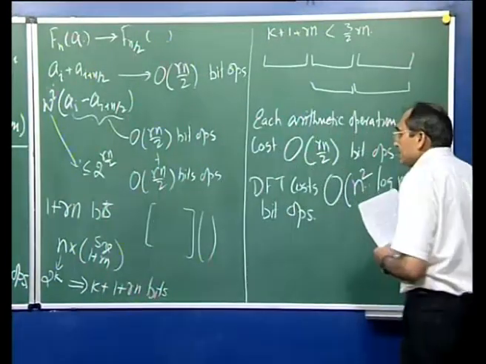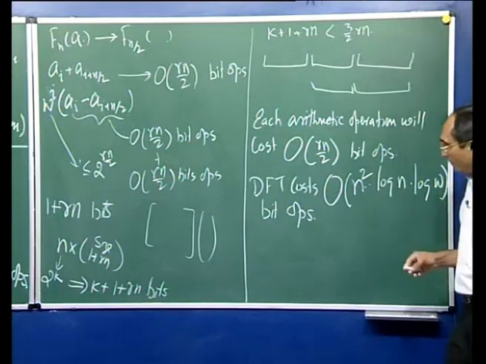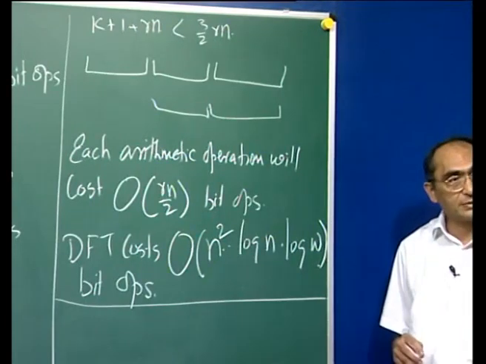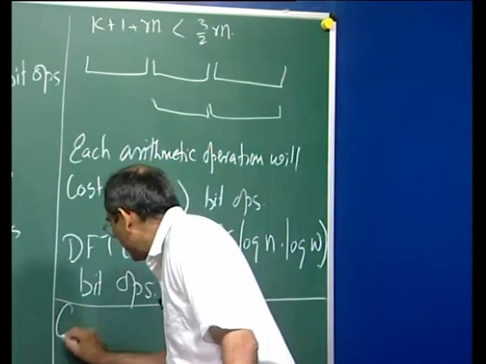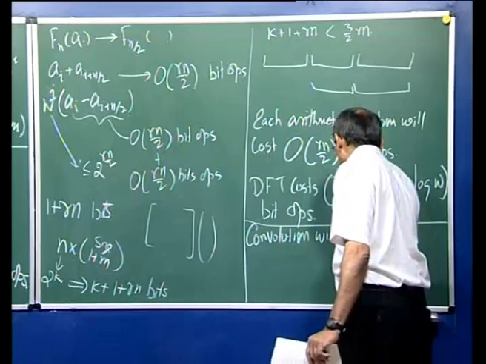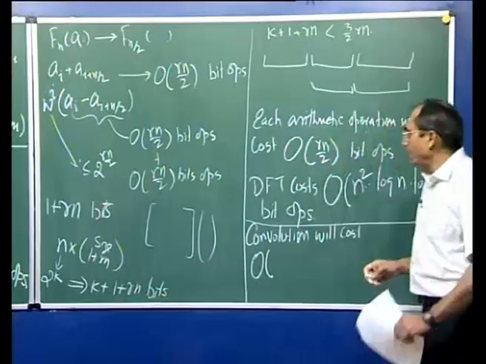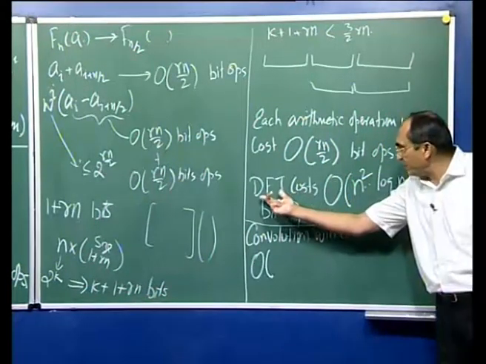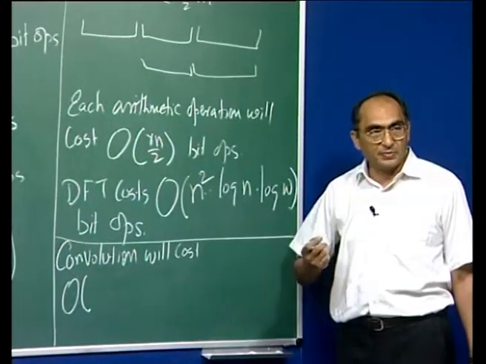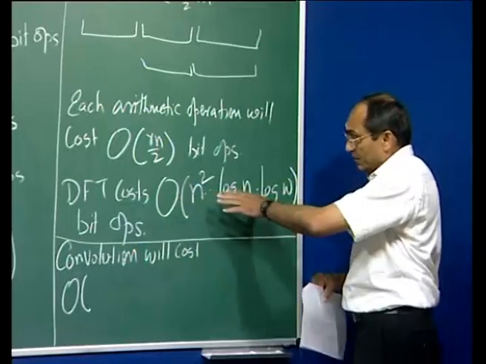The consequence of this is, now we can also determine the cost of computing convolution of two vectors. So, the convolution will cost order. Now, in addition to computing DFTs of two vectors, in the case of convolution, we also had to compute point to point multiplication and then compute inverse DFT. Now, inverse DFT and DFT cost the same.